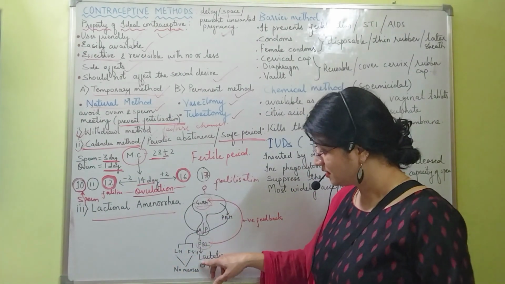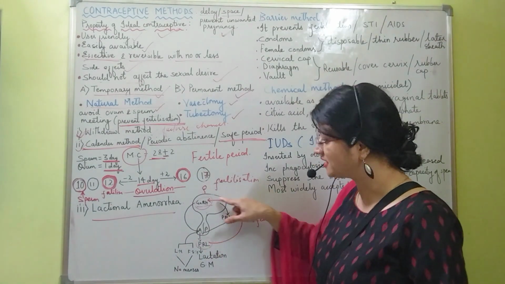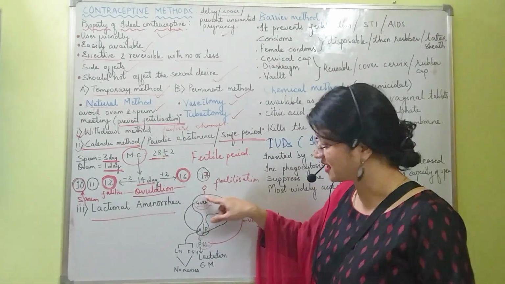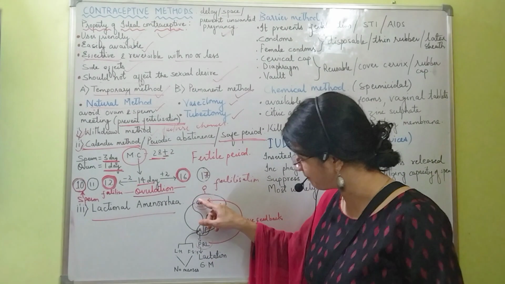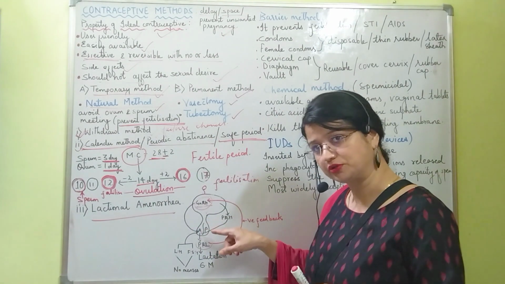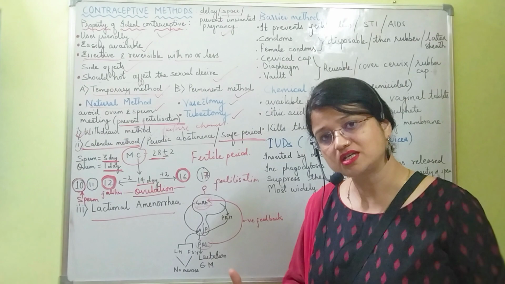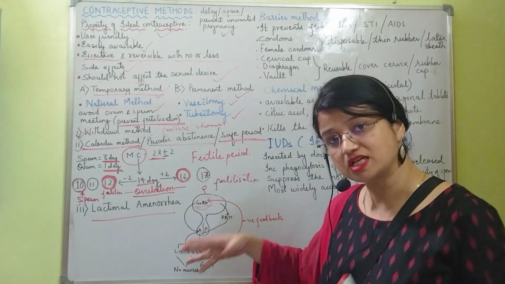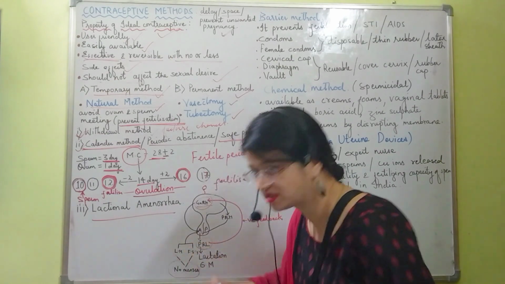But during the lactational period, this prolactin hormone gives a negative feedback that no GnRH should be secreted. When no GnRH is secreted, it will not stimulate the anterior pituitary to secrete LH and FSH. And if LH and FSH are not secreted, what will happen? No menses will take place.